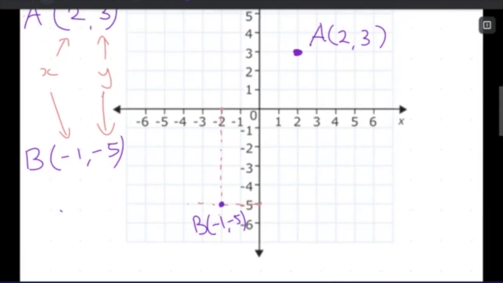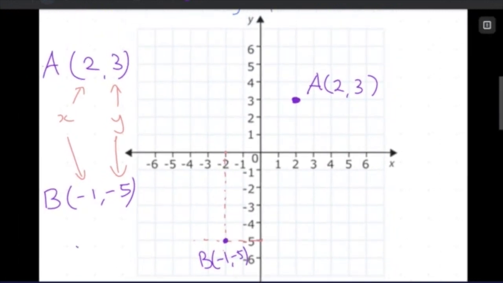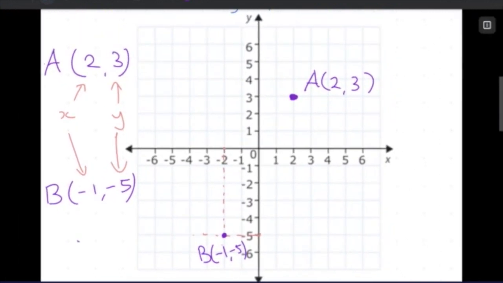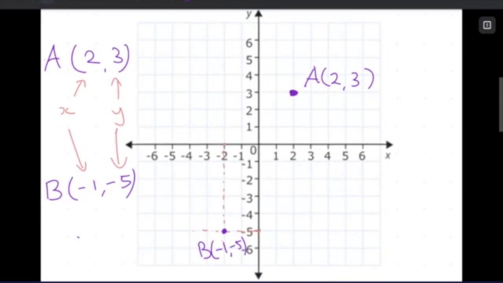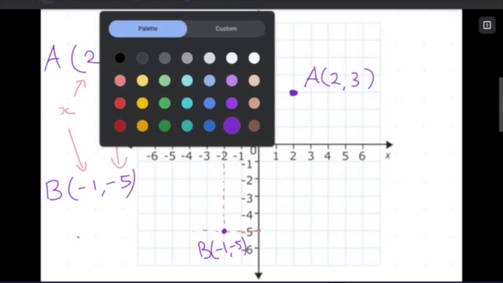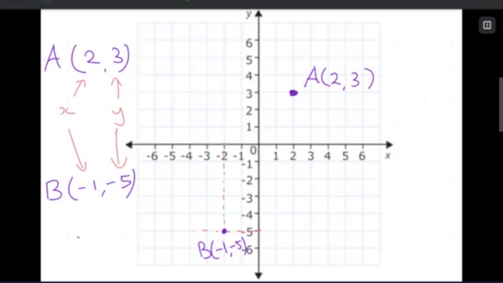Now, just one more exercise that I'll get you guys to do. I've been giving us coordinates and we've had to plot this on the graph. Now, just for one more example, I'm going to do the opposite. So instead of giving you coordinates, I will give you a point. So I'm going to give you this point here.